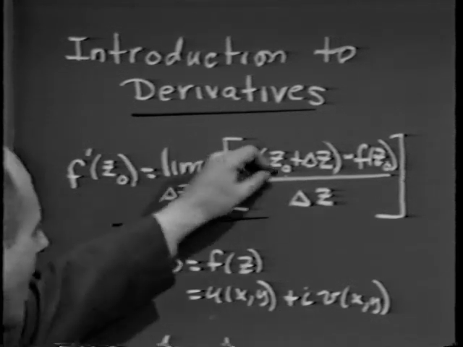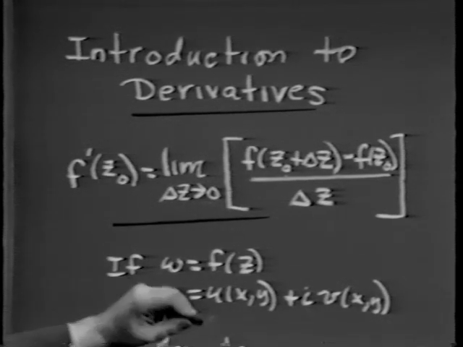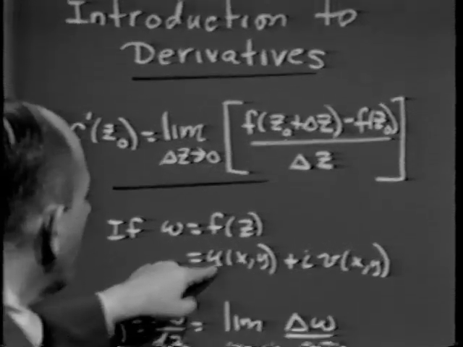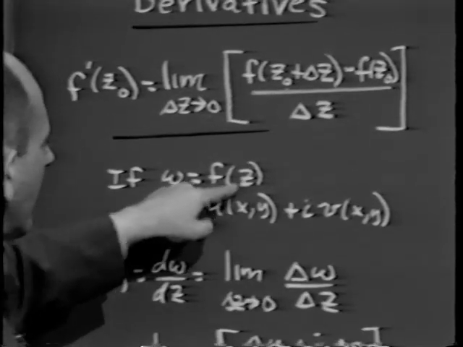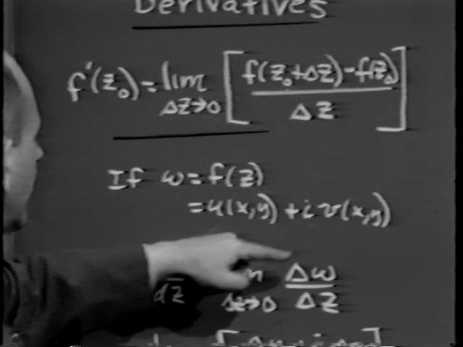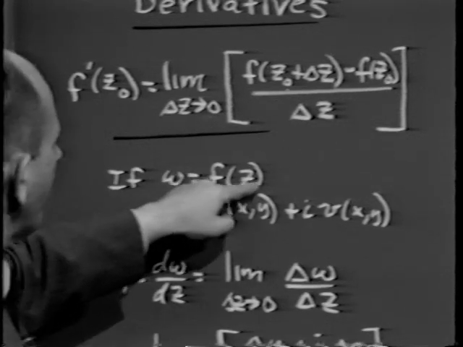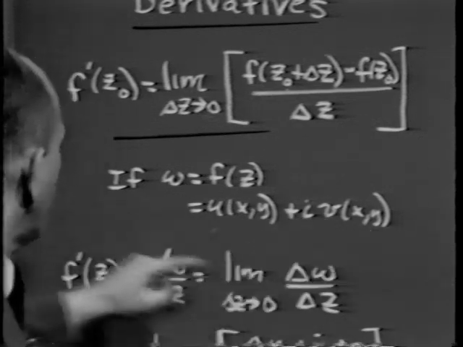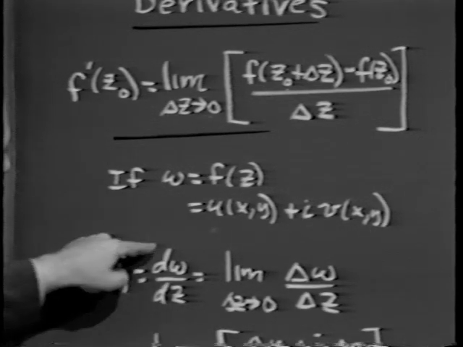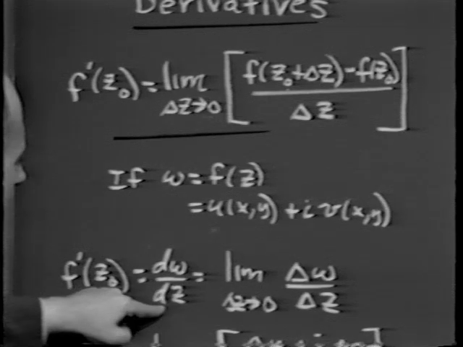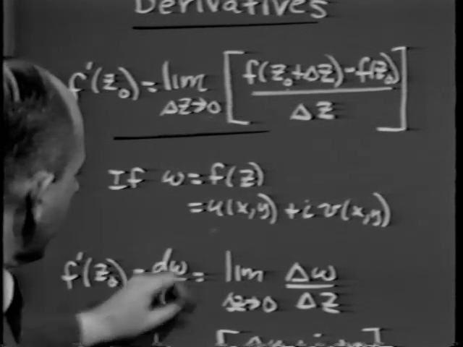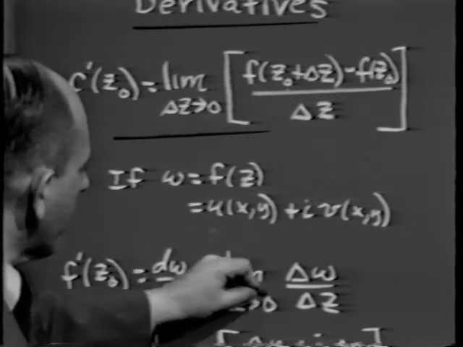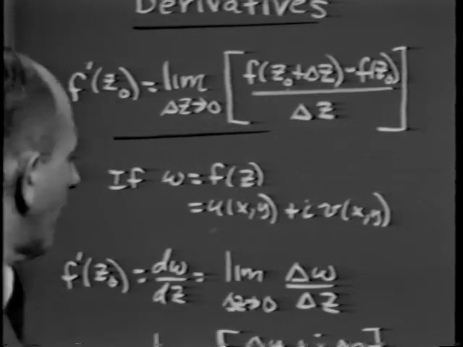But to try to give you some feeling as to what this thing means geometrically, think of this in terms of u and v again. In other words, think of mapping the xy plane into the uv plane. If w is f of z, where f of z is u plus iv, then f prime of z0 is just the symbol dw dz, where by dw dz we mean the limit as delta z approaches 0 of delta w over delta z.